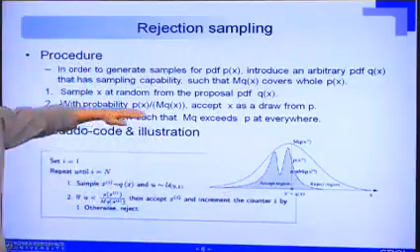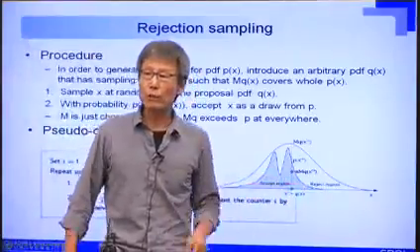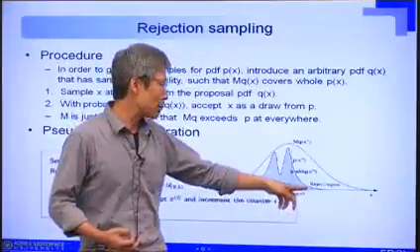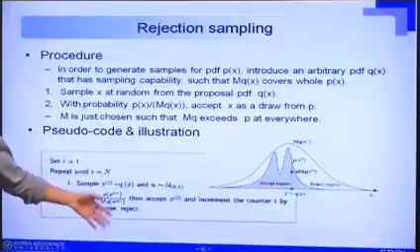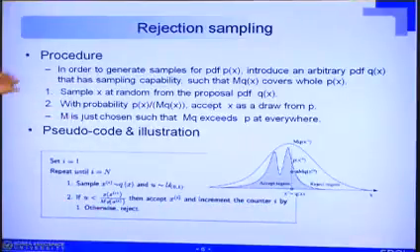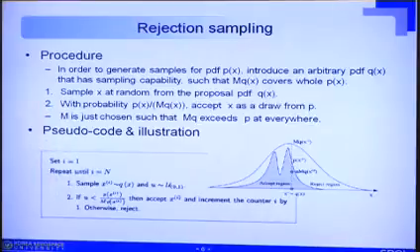In the other case, if this value is quite low, like in this region, we have much less probability to take this sample of P(x). In this way, we repeat for all the samples and decide whether to take each as a sample or not. If not, they are rejected. So only a part of the total numbers may be accepted as samples for P(x).